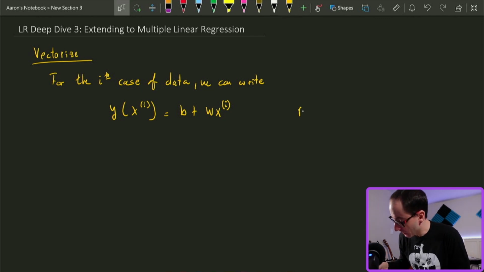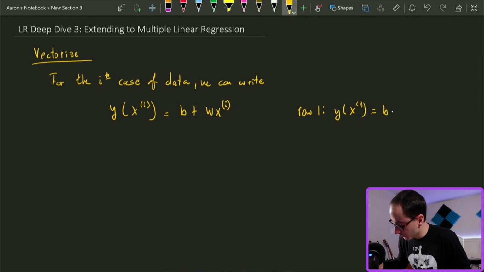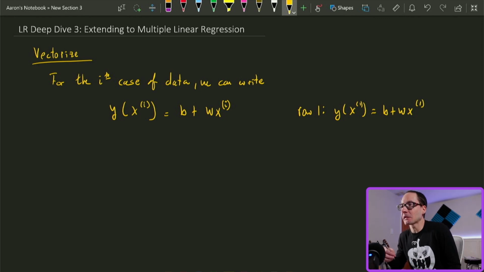So what I mean by this is if you think about row 1 in our data set, then we would have y of x1, so the observed value, like the house price of the first house we're looking at, is equal to b plus some value for w, and then its feature value x1. I think the opening example I've used several times was just things like square footage of your house.